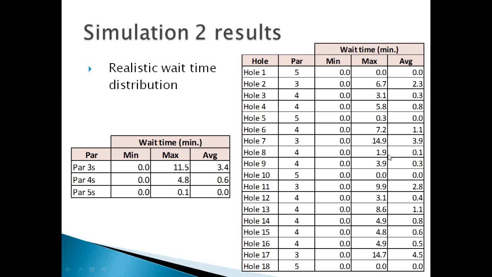And if I condense that and group them into types of par 3s, 4s, and 5s, we can see again very realistic wait time distributions: on average on a par 3 we wait 3.4 minutes, on a par 4 we wait slightly less than a minute, and we don't really wait on a par 5. Again, these are the averages, but you can have some extreme maximums which also occur in real situations.